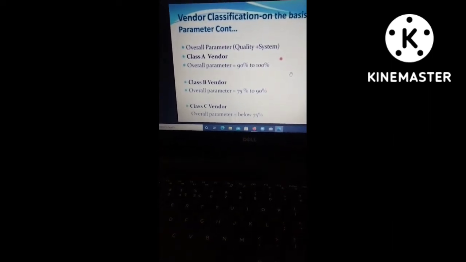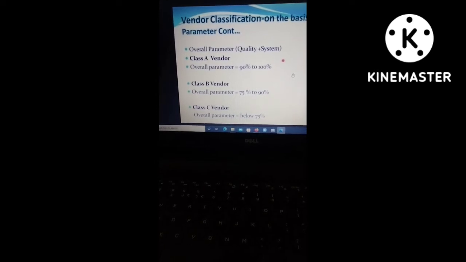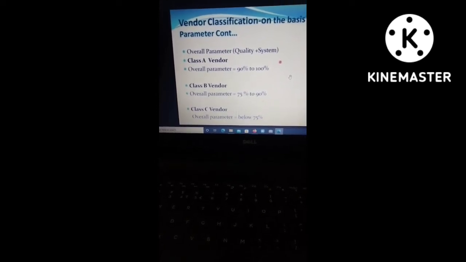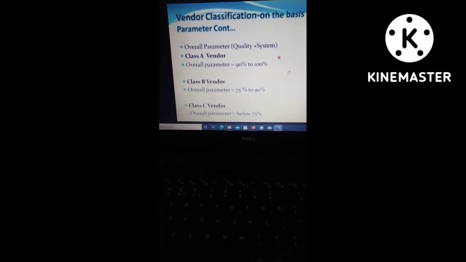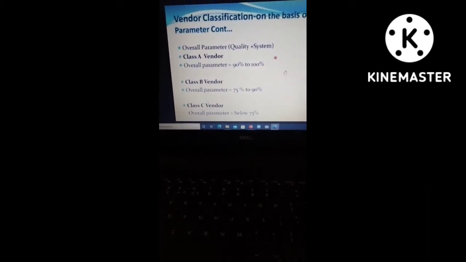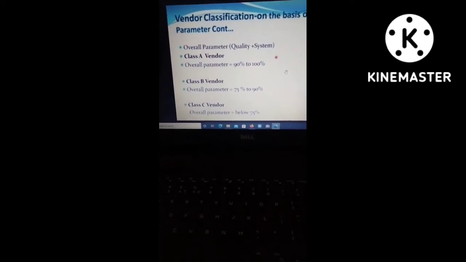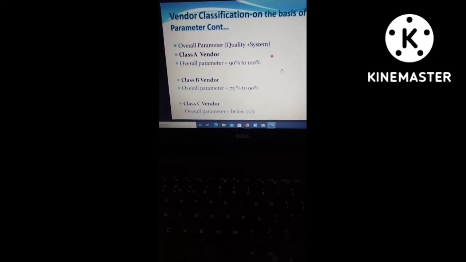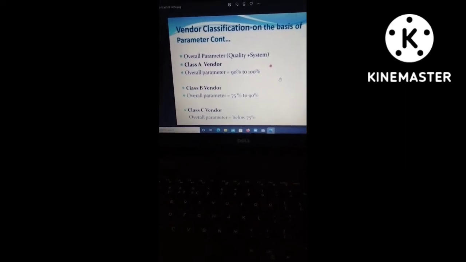Class A vendor is in the range from 90% to 100% in view of the quality and the system. Class B vendor is the 75% to 90% range. And class C vendor is where the overall parameter is below 75%. So class A is 90 to 100, class B 75 to 90, and class C is below 75%. This is the classification of the vendors, whether A or B or C, based on the quality and the system.